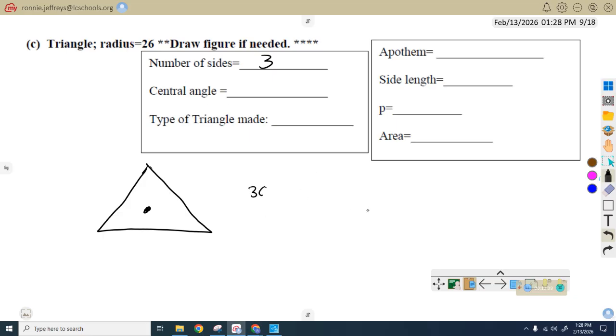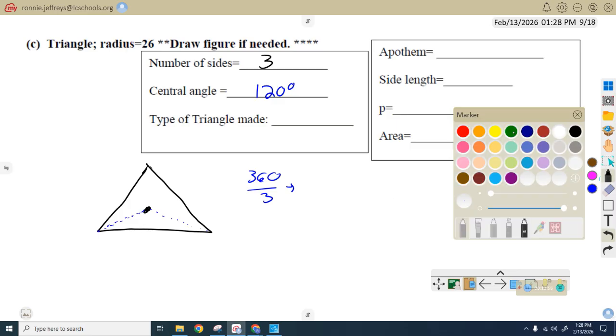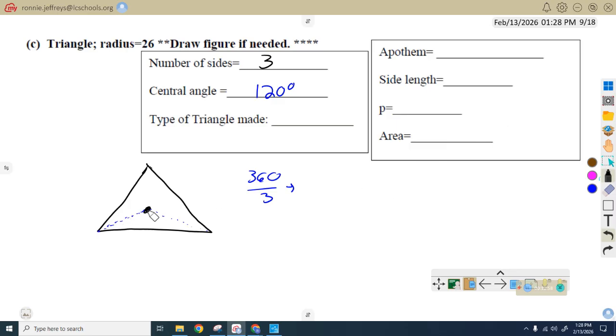Well, this is 3. Let's see if I can get a color code going on. So this is 360 divided by 3, which is 120. That means, okay, now I need to draw my apothem right here. Remember, the apothem is perpendicular, makes 90.